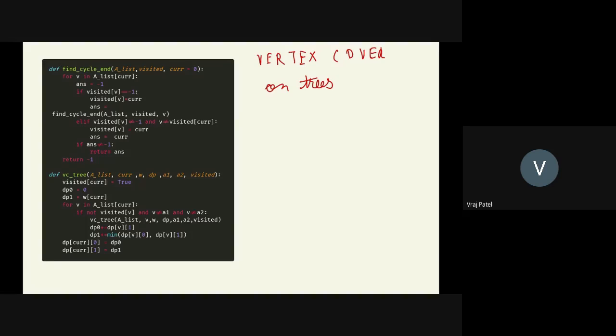For any given graph, let us say this is any graph that you are given. What is a vertex cover? A vertex cover is a set of vertices which you select such that for every edge, one of the endpoints is inside the vertex cover, right?